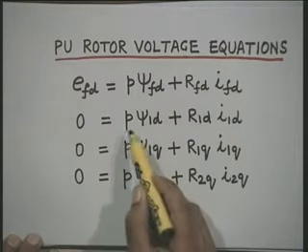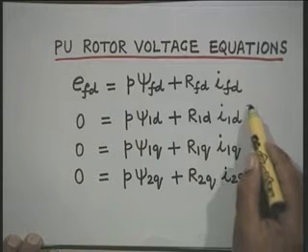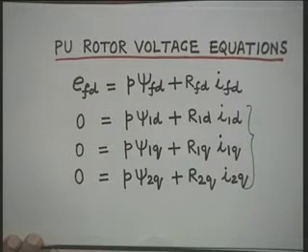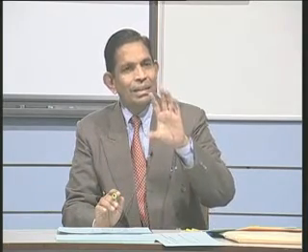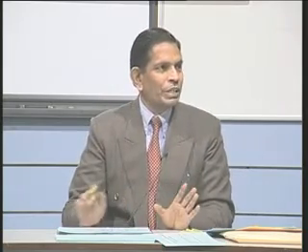Now, if I neglect these amortisseurs, then these three differential equations disappear. And therefore, the immediate advantage which I get is that the model becomes of lower order. The number of differential equations which I have to write down for the system will reduce. This is one advantage which I get immediately, that is, the model order gets reduced.